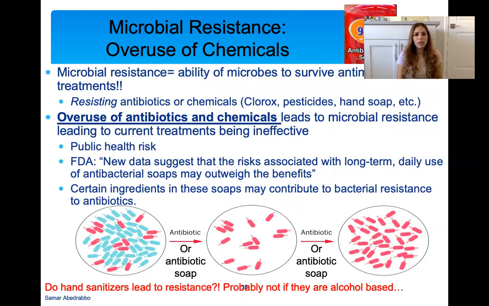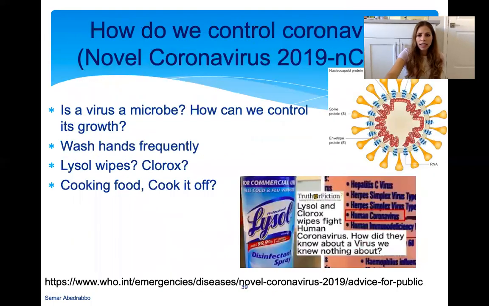And as of right now, we're saying probably not, because they're alcohol-based. And alcohols target so many different things in a cell. So it's going to take a lot of time for organisms to become resistant to all the different components that alcohols target.